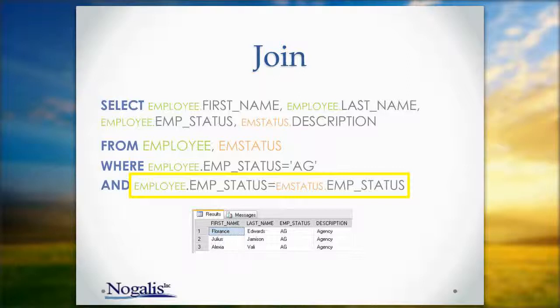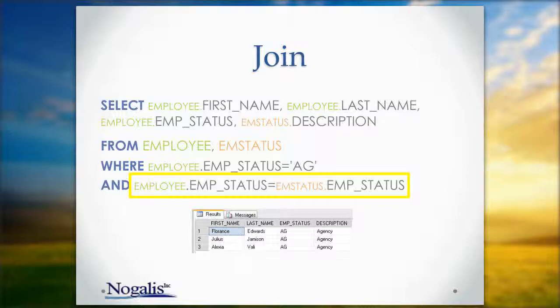The way I do that is I can say select first name, last name, employee status and description from employee and another table called EM status, where the employee status is AG like before, but now I'm also giving it a way to connect those two tables.